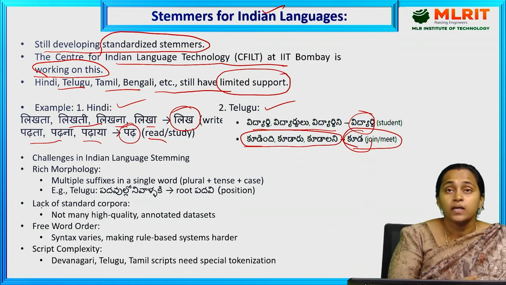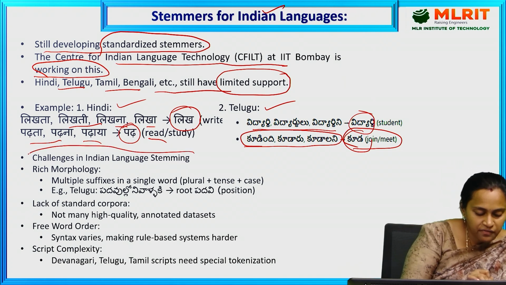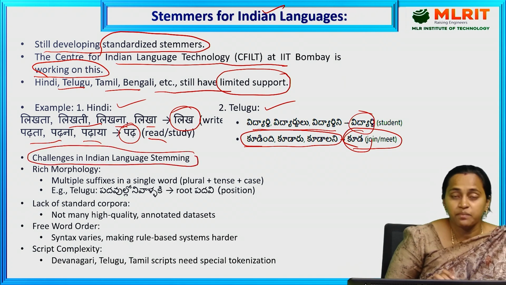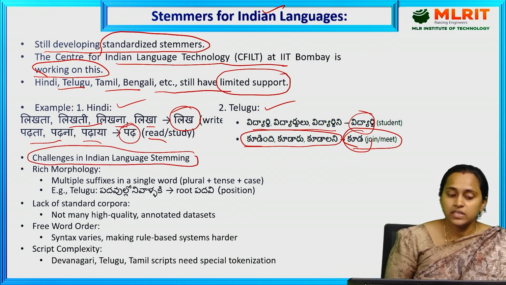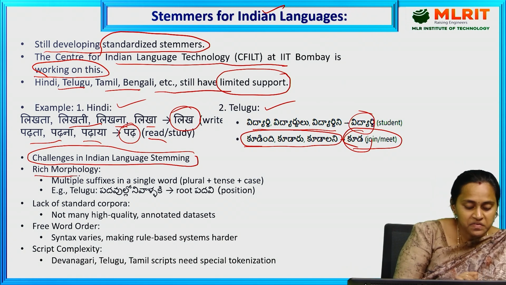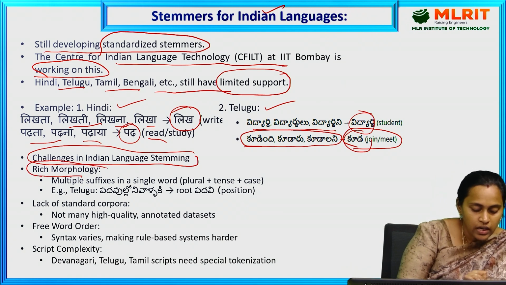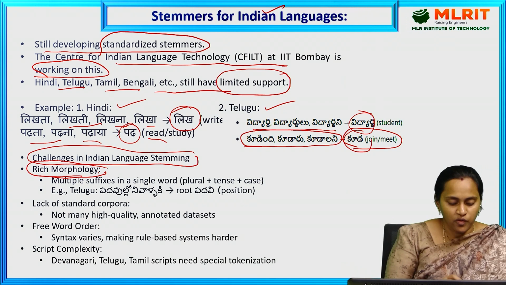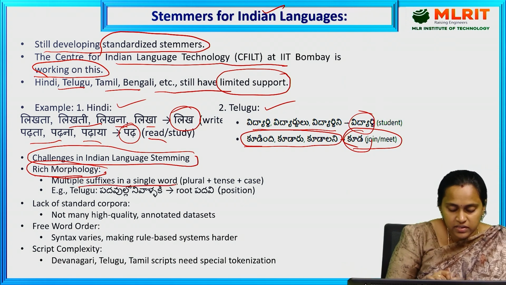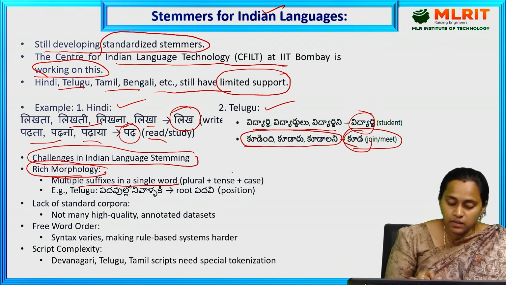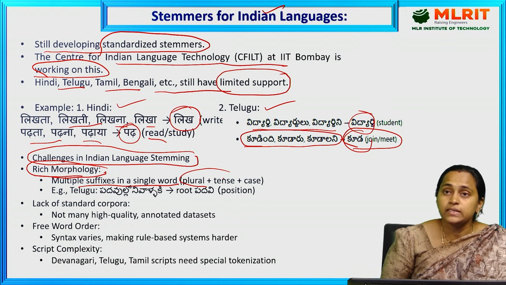See which type of challenges we are facing in Indian language stemming. The first one is rich morphology. It contains multiple suffixes in a single word, including plural, tense and case.